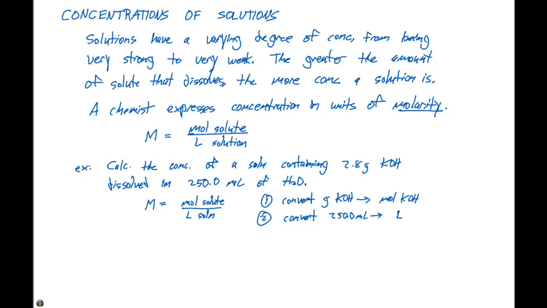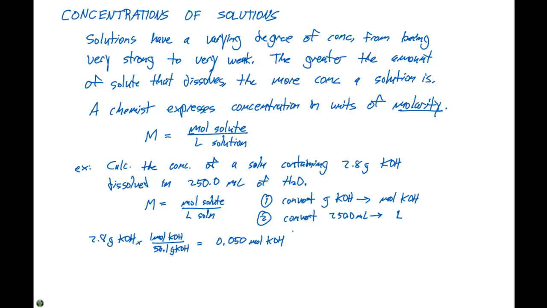our concentration. So we can take 2.8 grams of potassium hydroxide, and using the periodic table, we can show that 1 mole of potassium hydroxide is equal to 56.1 grams. If we convert that over to moles, we get 0.050 moles of potassium hydroxide.